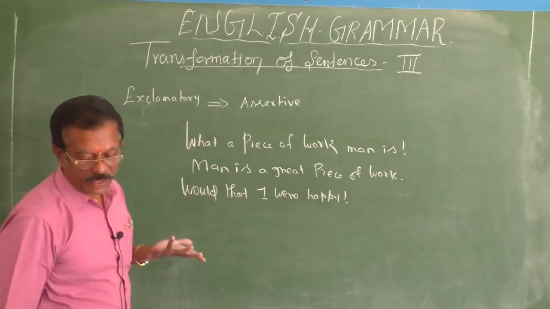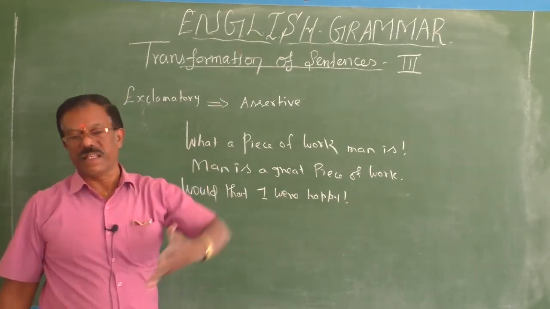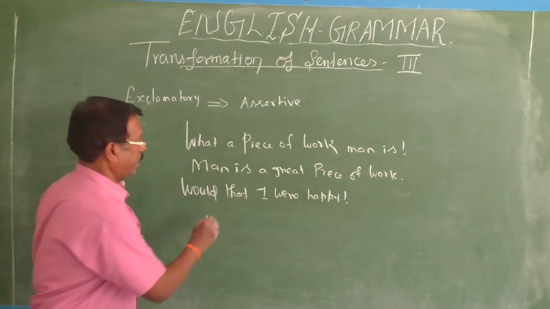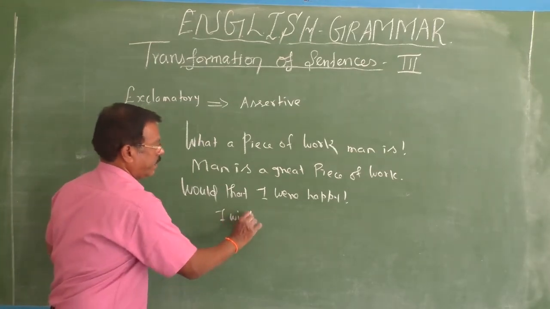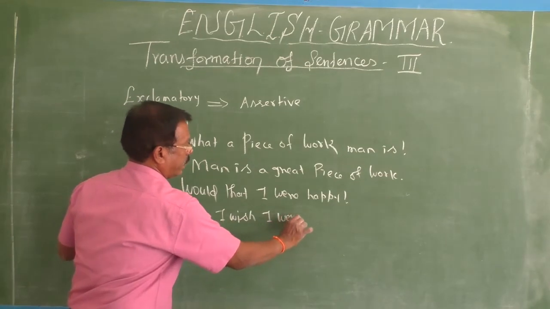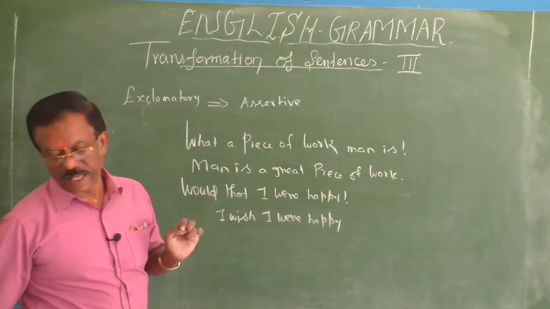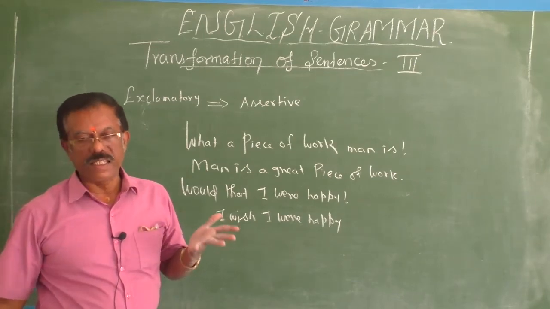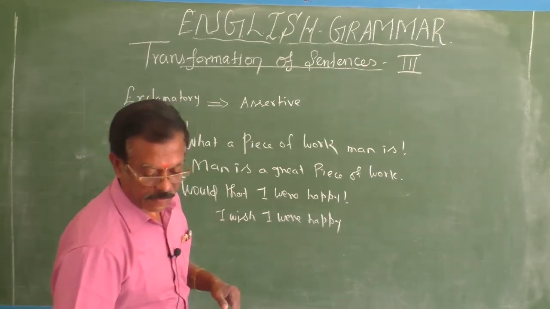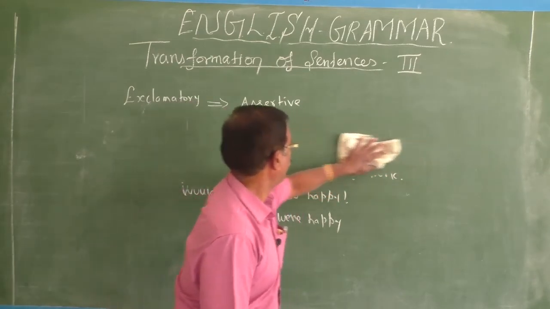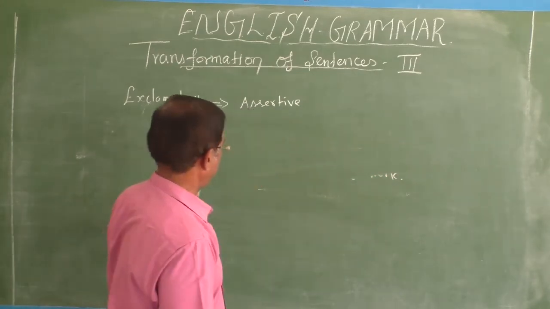How can you change this exclamatory sentence into an assertive sentence? I wish I were happy. What a lazy boy he is. See, what a lazy boy he is.